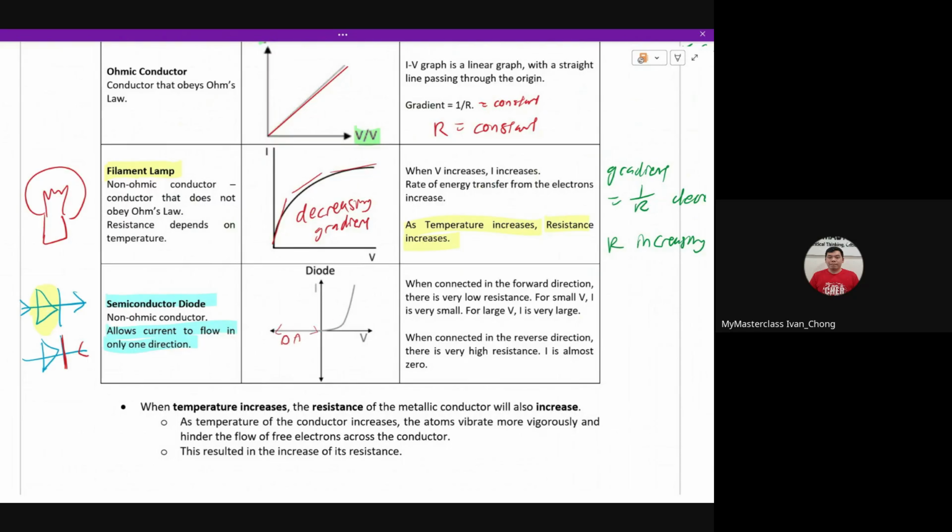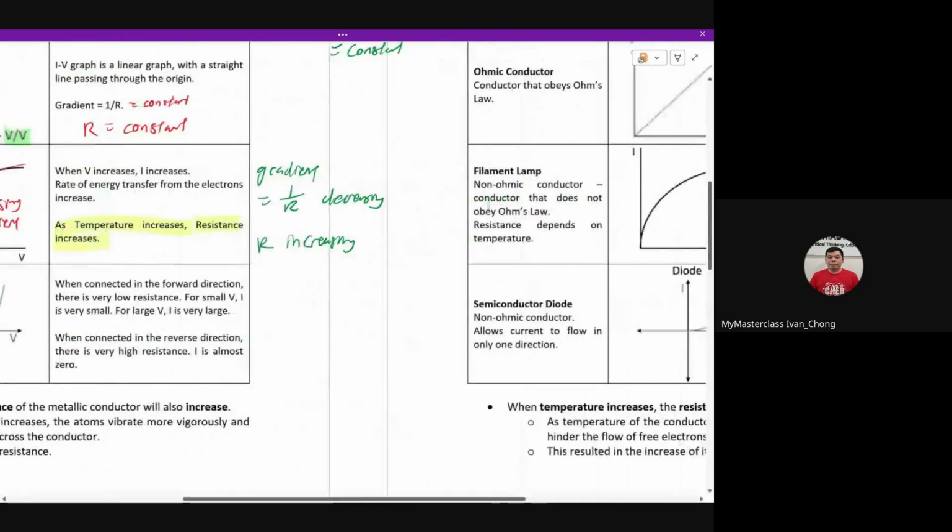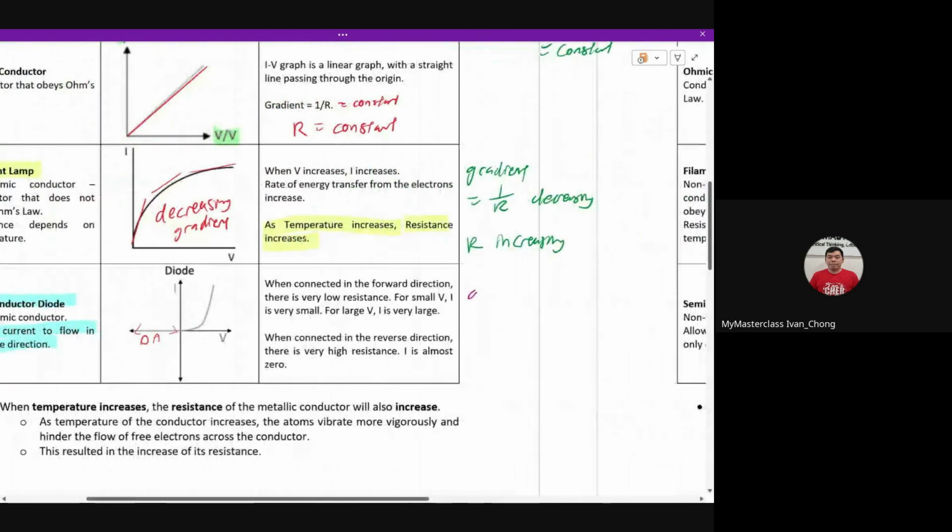Because there's no current, it cannot flow the other way around. In this case, you can also see exactly the same step. Gradient is also 1/R, and this is increasing. Why is the gradient always 1/R? Because this is an IV graph. So if 1/R is increasing, R is decreasing.